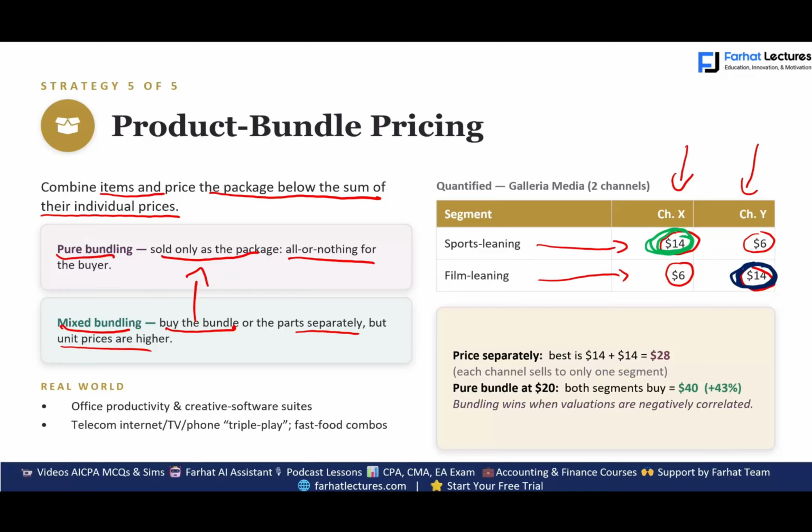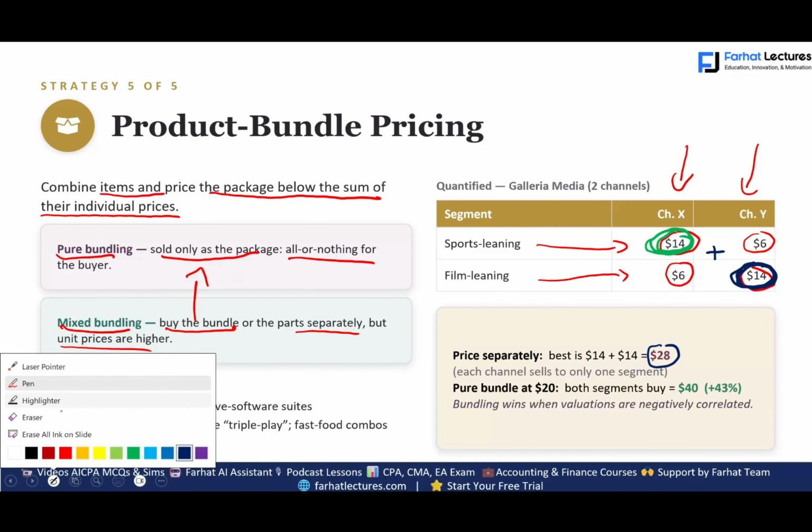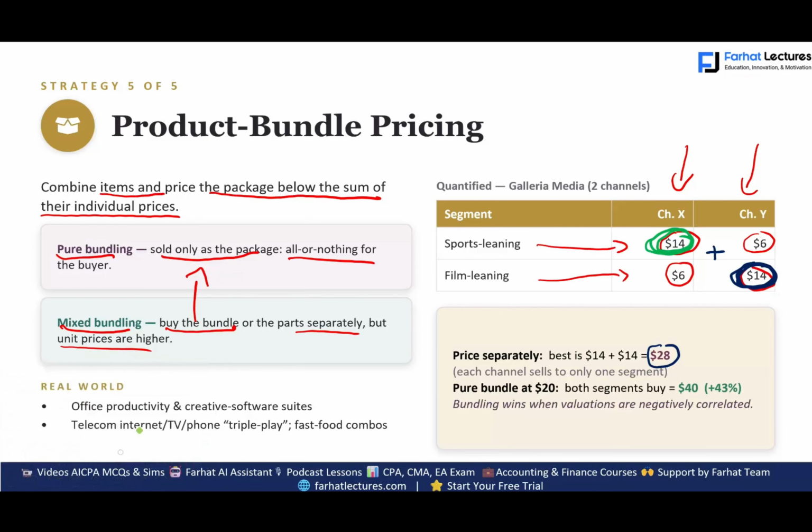So if you have only 2 customers, your total revenue is 14 plus 14, equal to $28, if each channel sells to only one segment. Now, what you would do in those circumstances is bundle them. You will bundle channel X and channel Y together for $20.